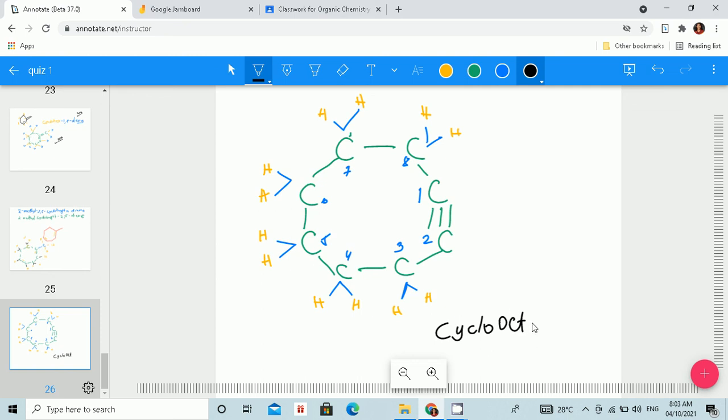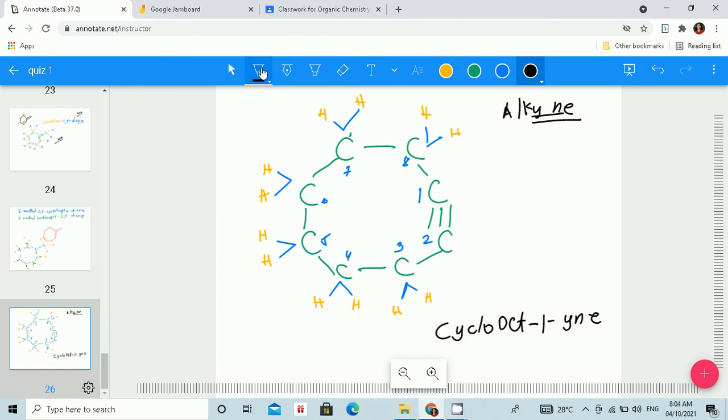Okay, 1, ine. Because this is an alkyne. Alkyne because it has a triple bond. So we have cyclooct-1-ine. Okay, so that is our IUPAC name for this structure.